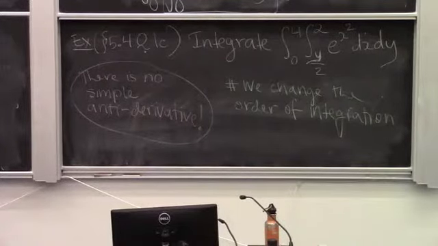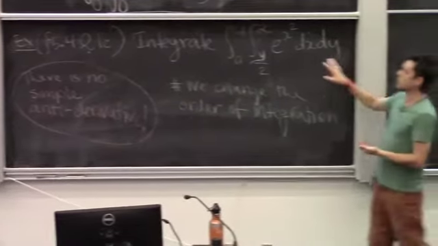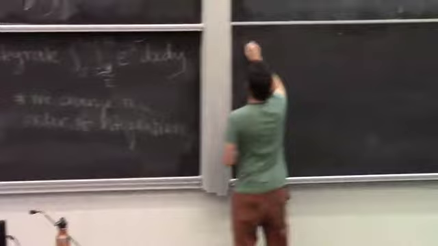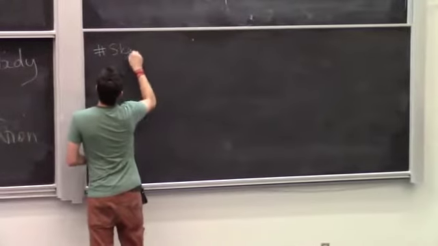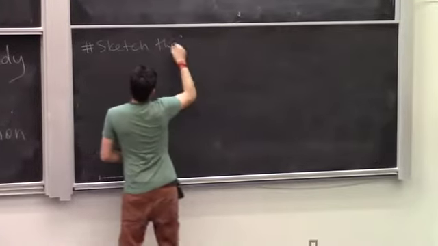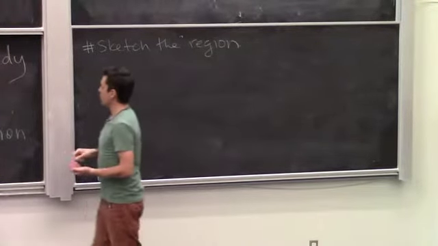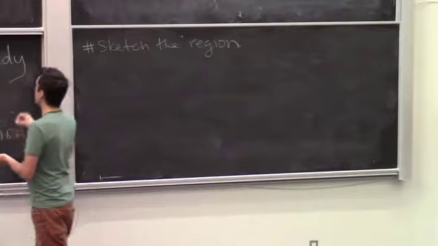Okay, so let's do that. When we change order, it's always helpful to sketch the region that we're integrating over. Okay, so we're going to work from the outside again.